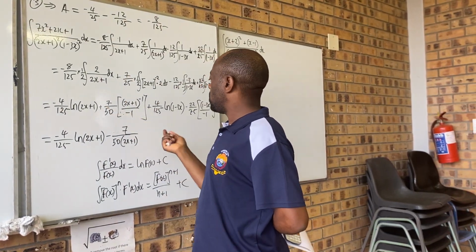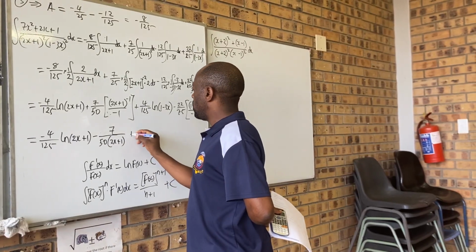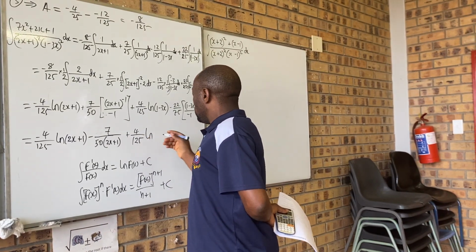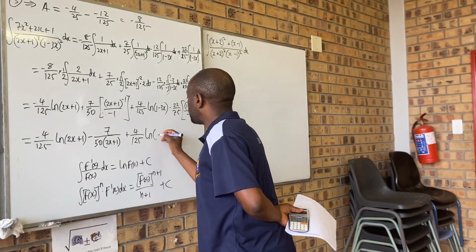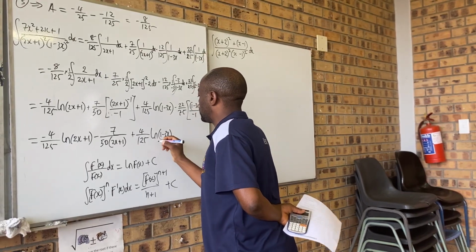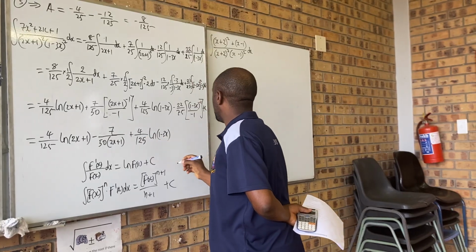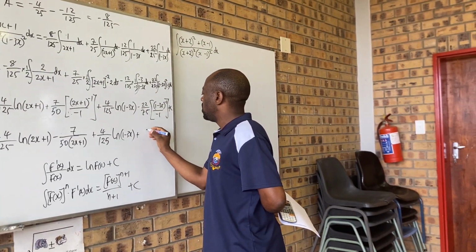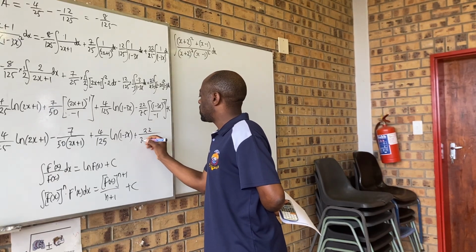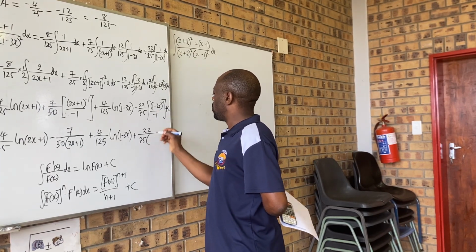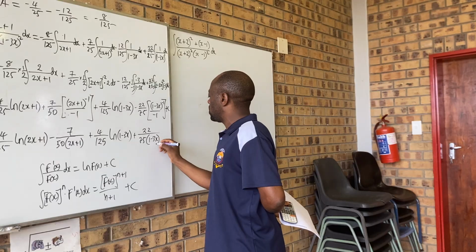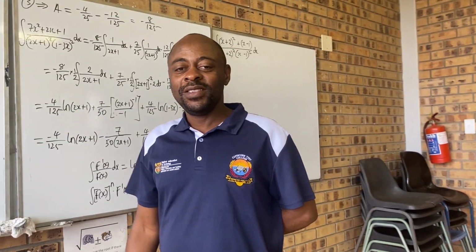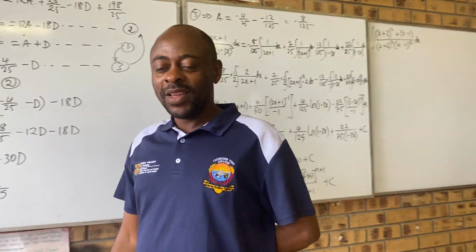Then this negative 1 times that becomes negative. Then plus 4 on 125 ln of 1 minus 3x. Then here, this negative will multiply that 1 to become a positive 22 on 75, then this will go down as 1 minus 3x, plus c. So that's how to handle that problem. Thank you very much.